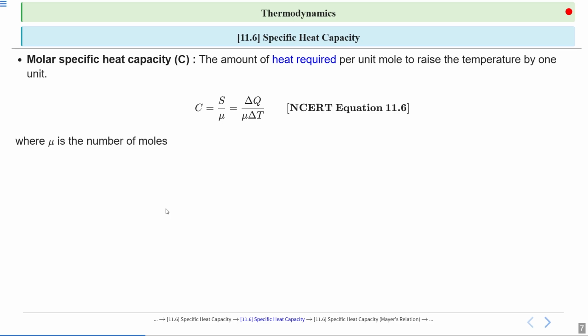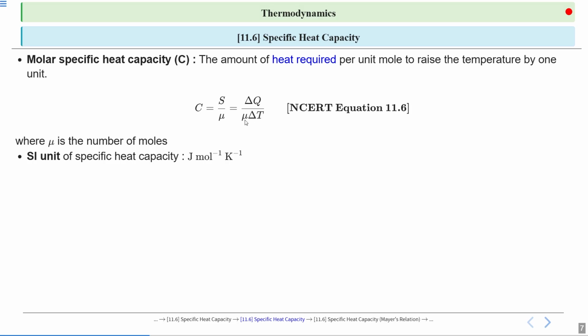where mu is the number of moles. The SI unit of molar heat capacity is joule per mole per Kelvin. Why joule per mole per Kelvin? Because look here, NCERT equation 11.6. Here delta Q is the heat supplied, and for heat the unit is joule, and the terms in the denominator are mole and temperature.